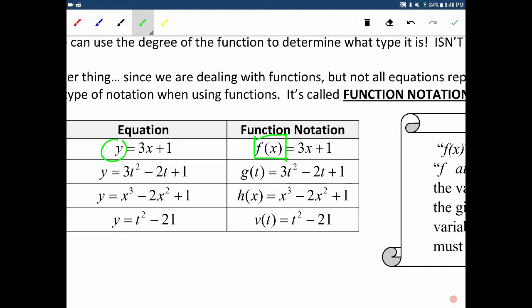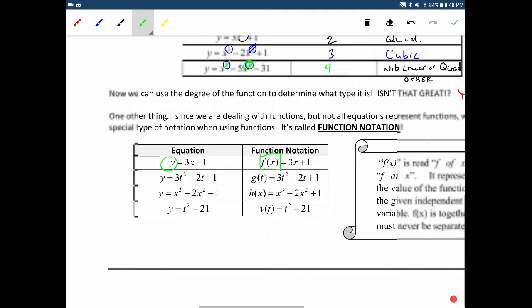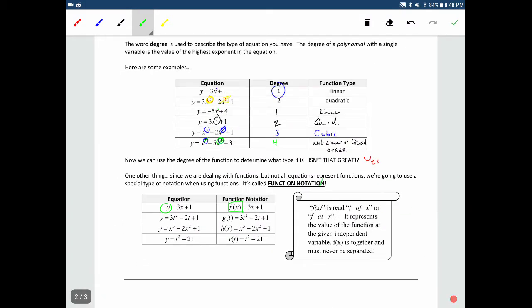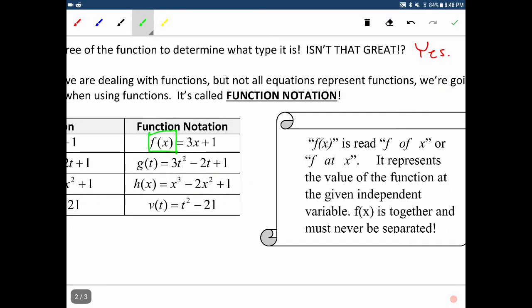And of course, it is important to remember that that f and that bracket and that x are completely attached. We can't separate that. That's one thing. It's no different than if we had the y. It's just a different way of writing it. And so that's how you know it's a function. If it's written in function notation, it is a function. Okay, if it's not a function, it shouldn't be written that way.